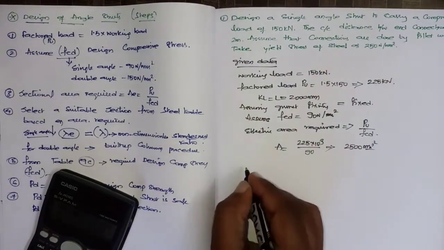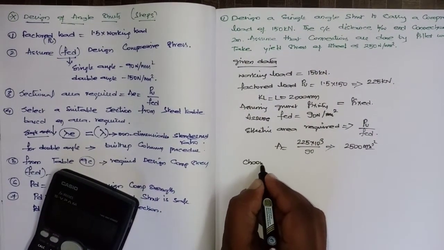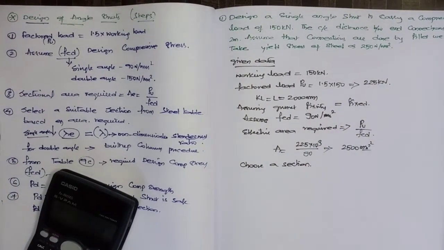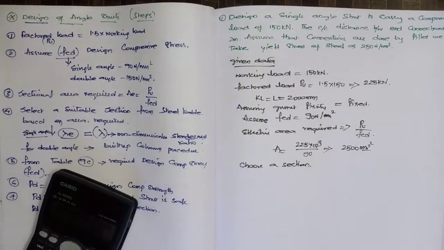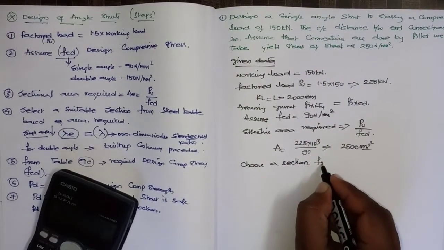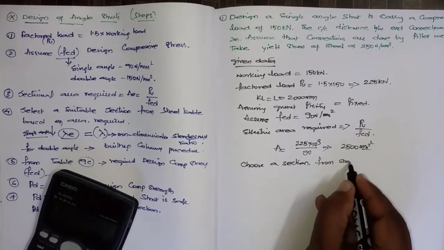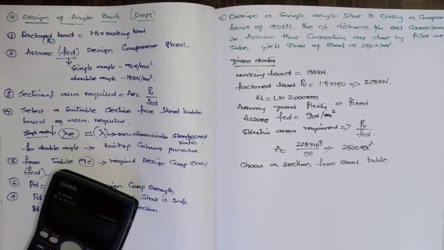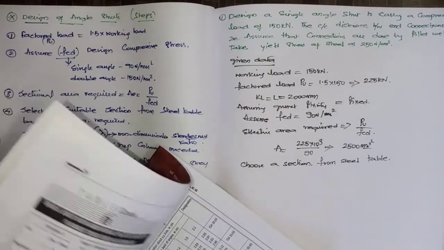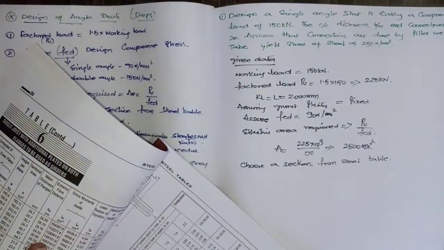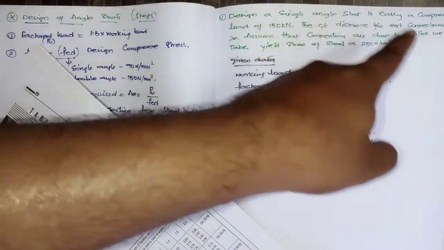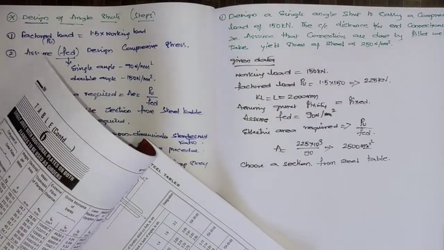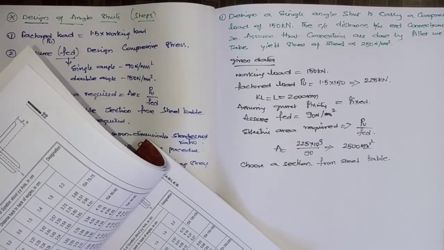So you have to choose a section from the steel table. Anywhere it is not mentioned whether to go for single angle or double angle.